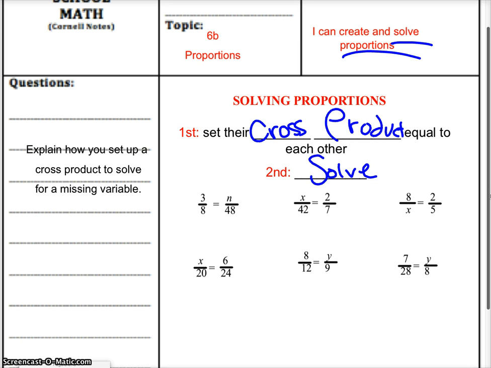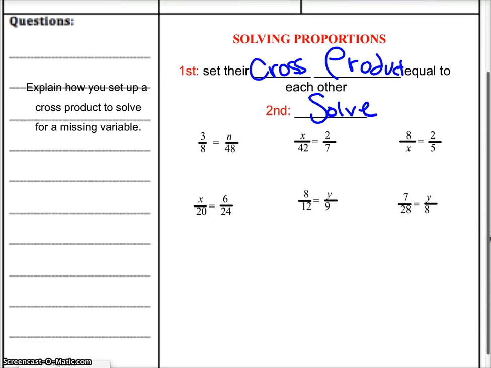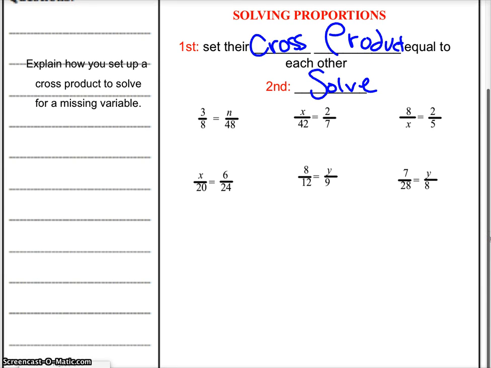You'll see how I do this. Okay, so I'm assuming all of these are proportions. Then I want to solve what is n. So I say, well, I know that 8 times n is equal to whatever 3 times 48 is. I'm going to punch it in my calculator.